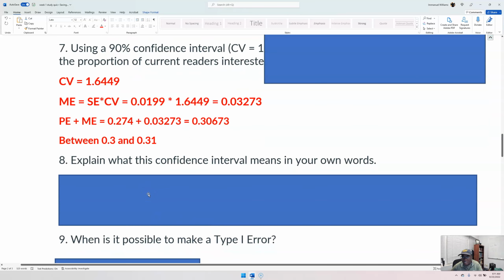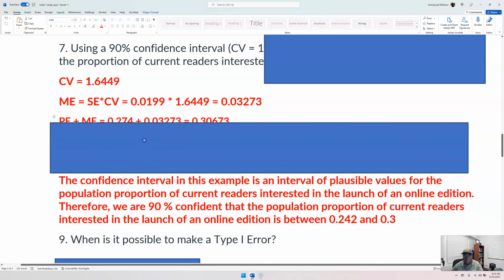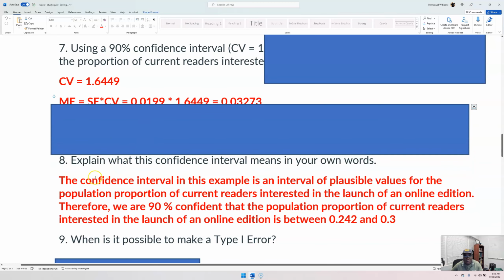Explain what this confidence interval means in words. In terms of words, I'll say it twice here, but I prefer the second one. The confidence interval in theory, in this example, is an interval of plausible values for the population proportion of current readers interested in the launch of an online edition.